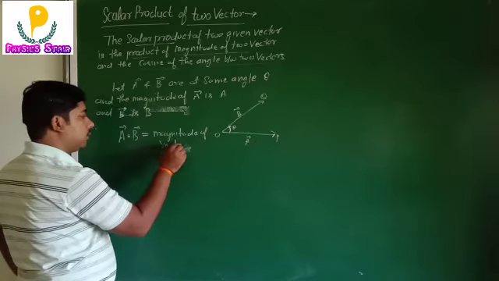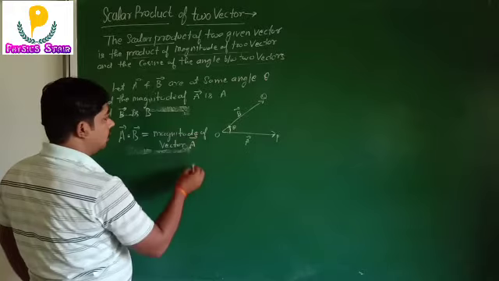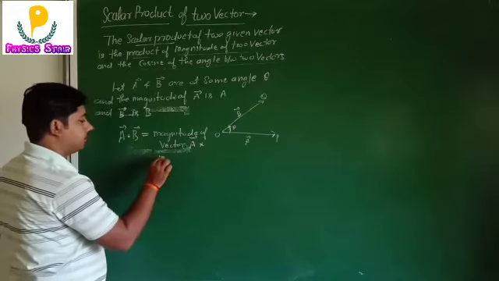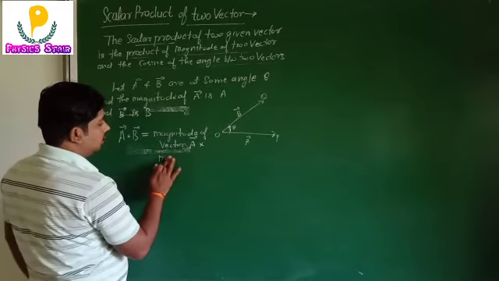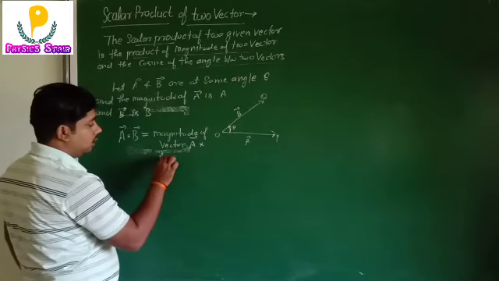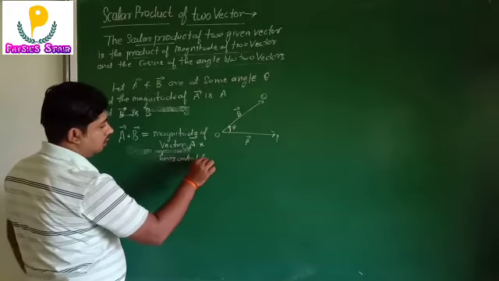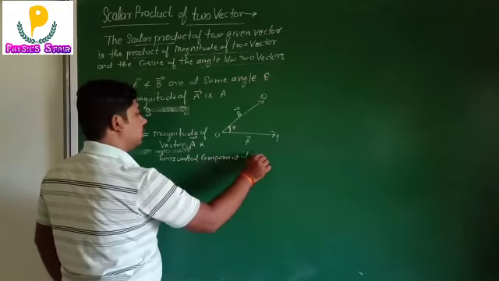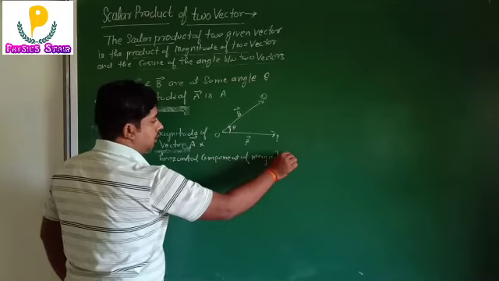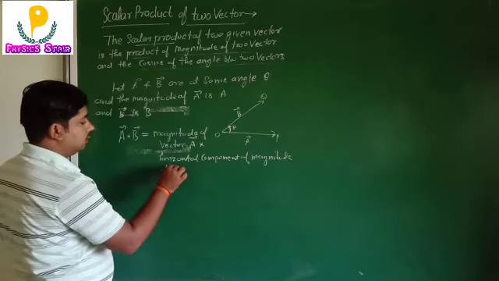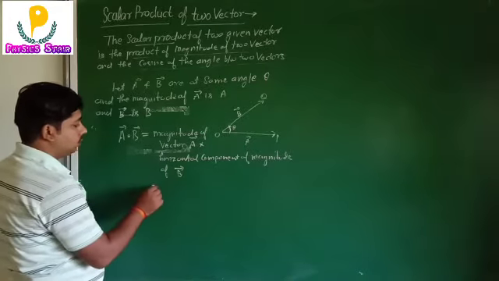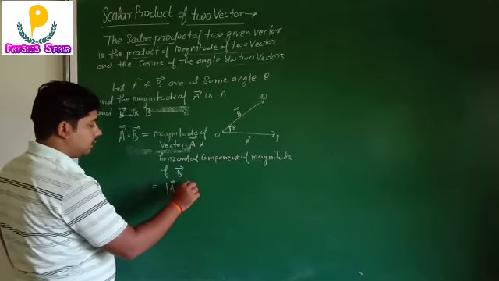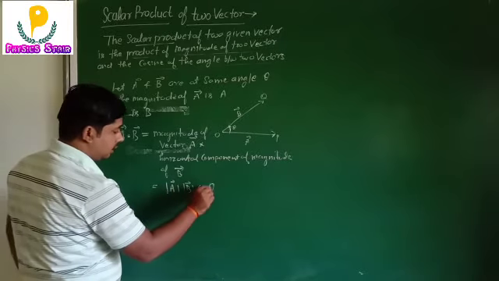of vector A multiplied with horizontal component of magnitude of vector B. So we can write here mod of vector A and mod of vector B cos theta.